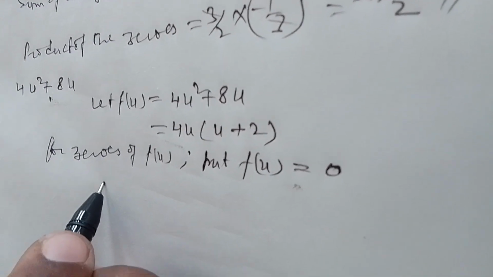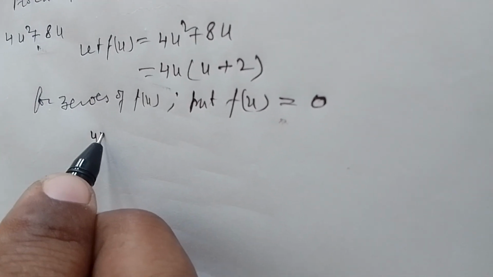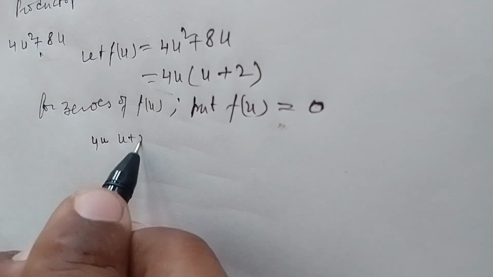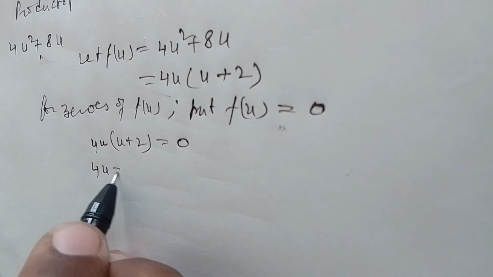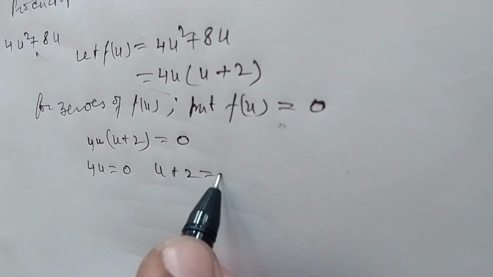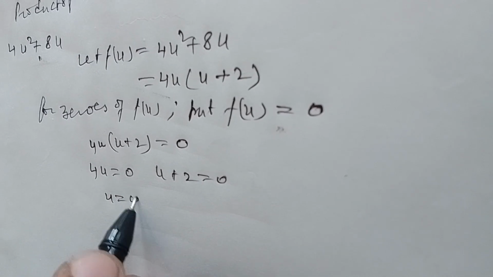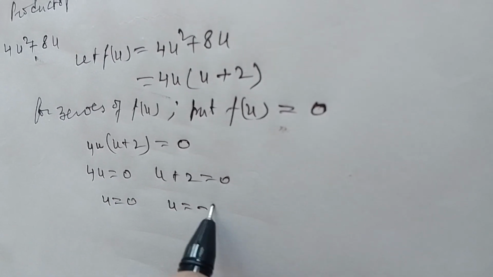So we will equate 4u (u plus 2) equal to 0. So 4u is equal to 0 and u plus 2 is equal to 0. So u comes out to be either 0 or minus 2.